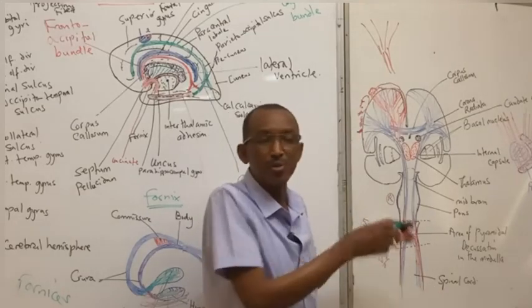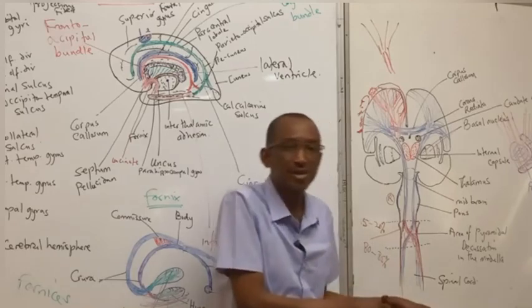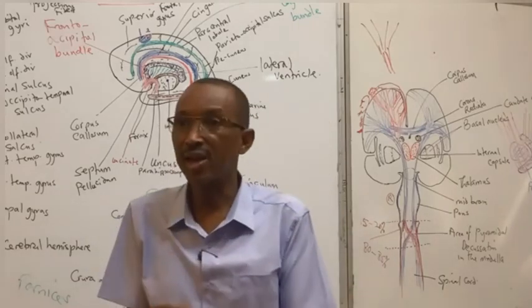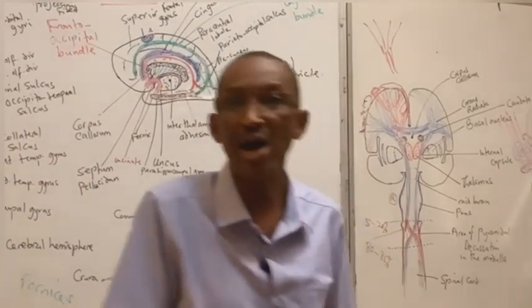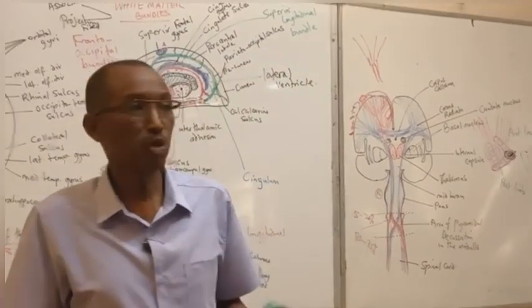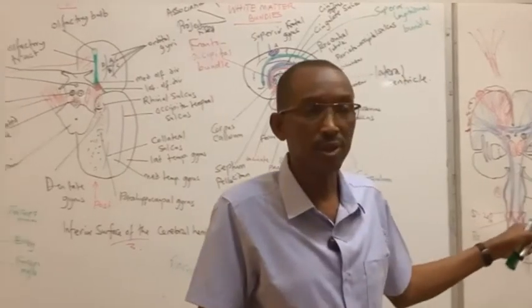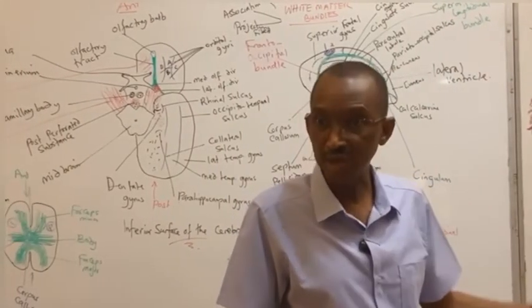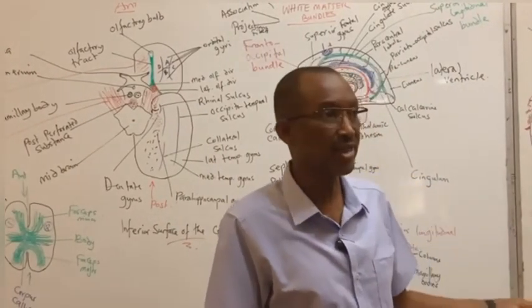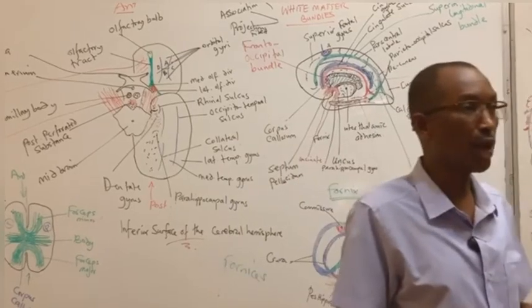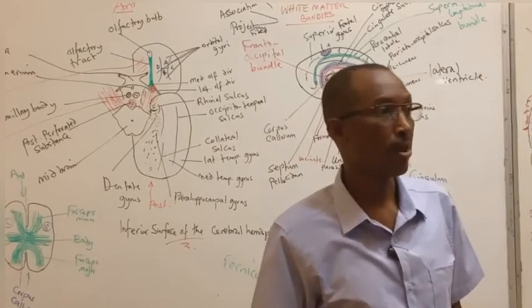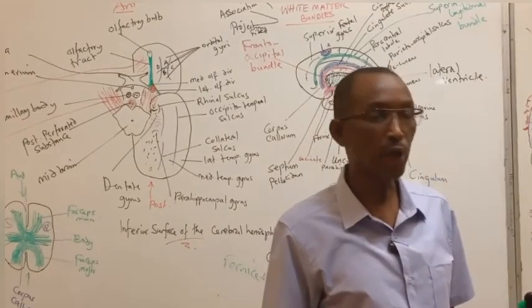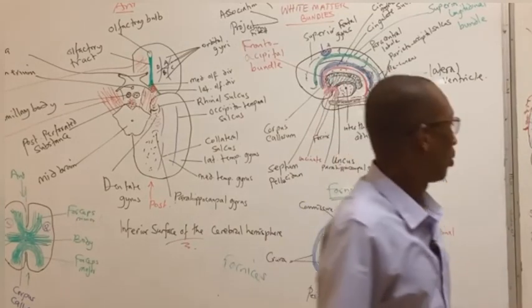So we have ipsilateral fibers and contralateral fibers of the pyramidal tract in the medulla oblongata. The majority of these fibers is what? The decussated fibers, which are 80 to 85%, while the undecussated ones are the 15 to 20%. Are you all clear? Good.